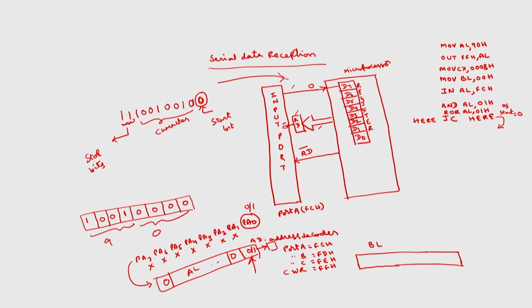Then it is not enough actually, the start bit has to be 0 for 0.83 milliseconds. So, what I will do is call a delay of 0.83 milliseconds. After that, again I will check, jump on carry here.